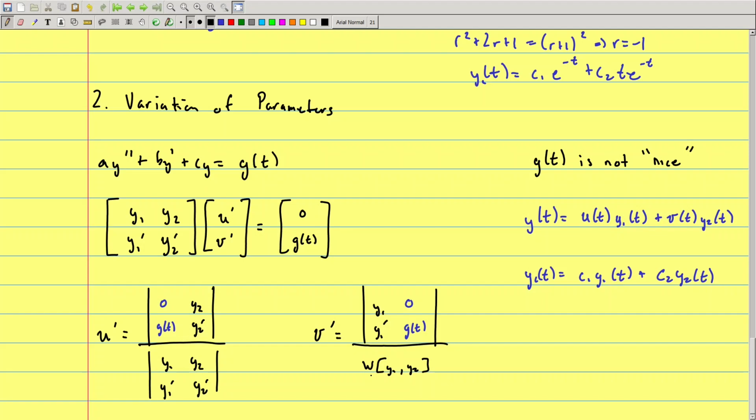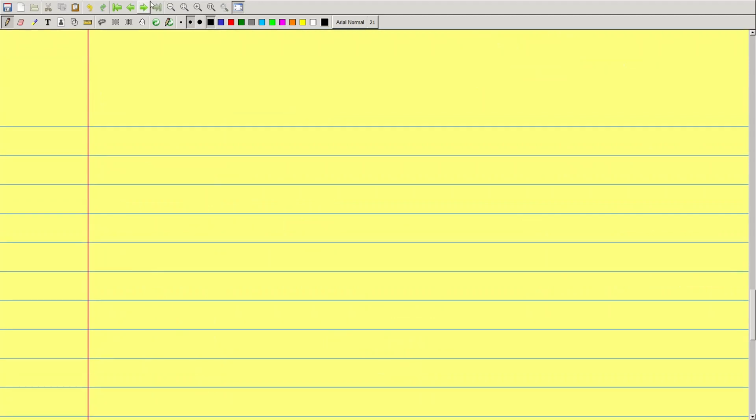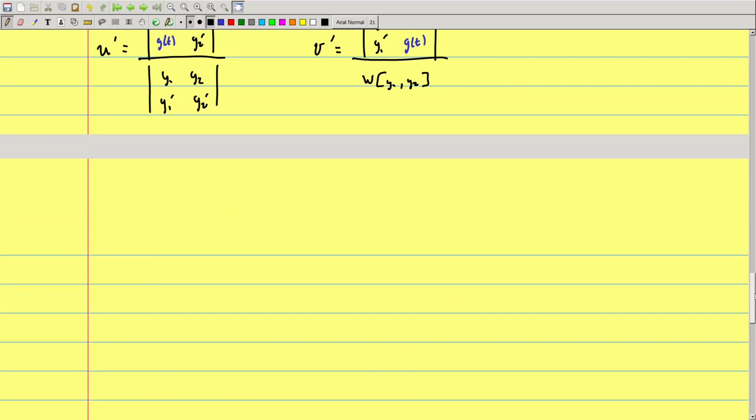Then we can plug them back into this expression to determine the particular solution to the differential equation. So the rest of the methodology here is to integrate u prime and v prime.